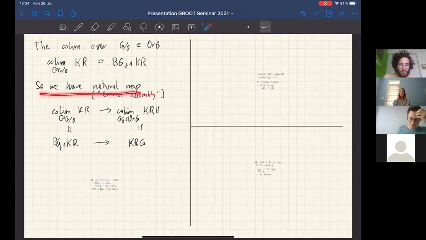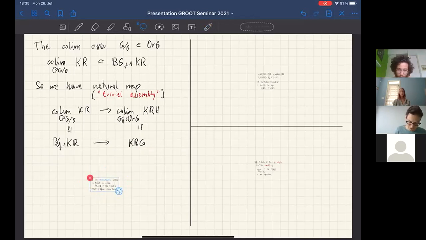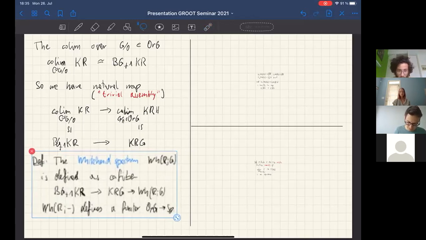So we have a natural map, which is called the trivial assembly, which goes from BG plus smash KR into the K-theory of the group ring. And this is my starting point for what the generalized version of reduced K-theory should be, because before we split off a point, and now we split off an entire BG plus, the result of which is called the Whitehead spectrum.